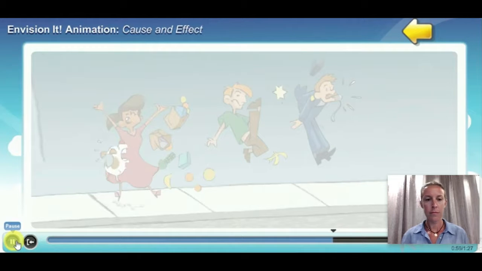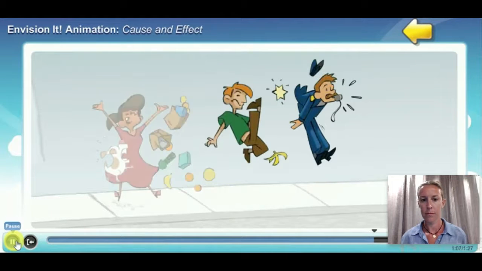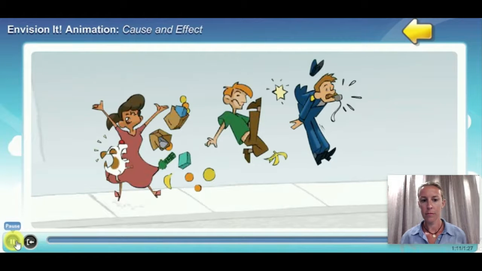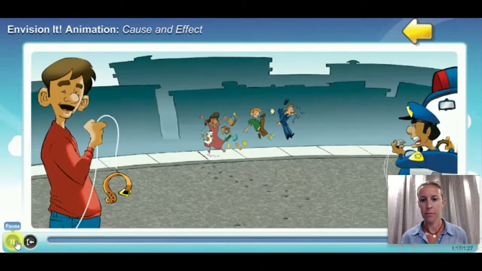An effect sometimes has more than one cause, like the police officer blowing his whistle. It happened because the man slipped, because Dana dropped her groceries, and because Puddles got off her leash. A cause sometimes has more than one effect. Look at all the commotion Puddles caused. Oh, and there's another lesson in all of this. Never let Puddles get off her leash.